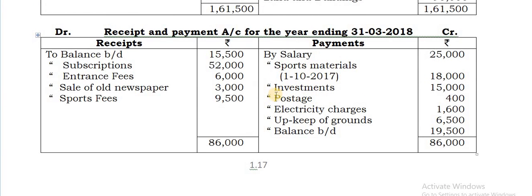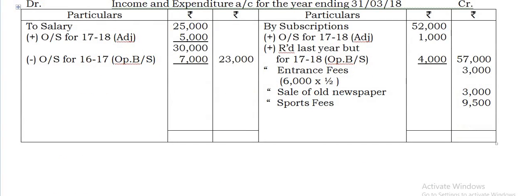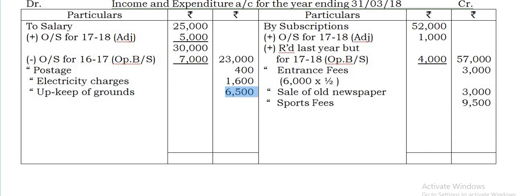Then what you have to do: take these three amounts. They have no adjustments, so you can take them directly in the outer column: postage 400, electricity charges 1,600, upkeep of grounds 6,500.